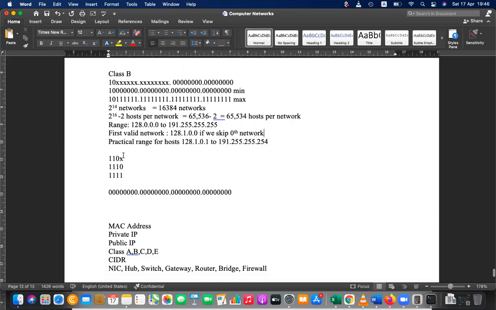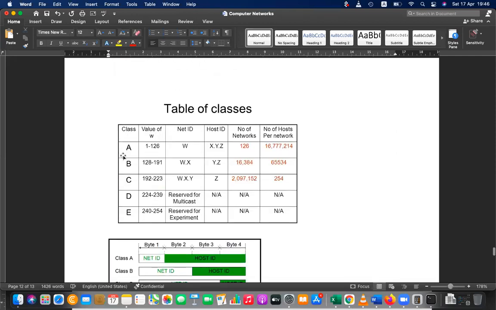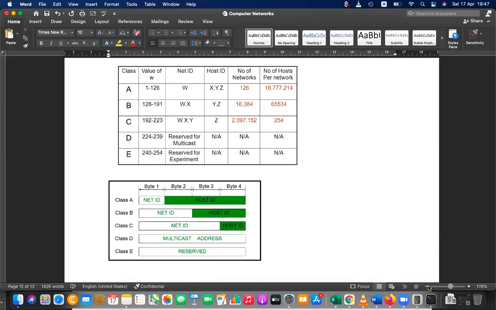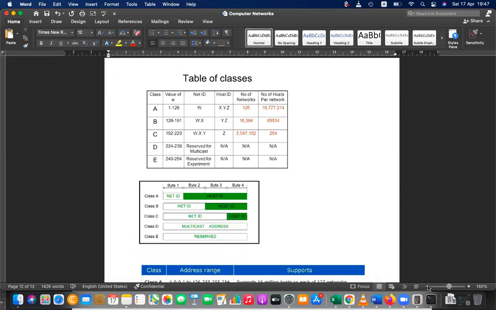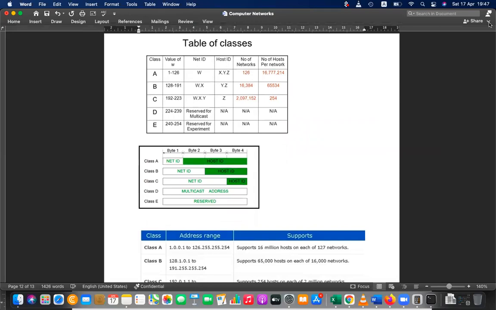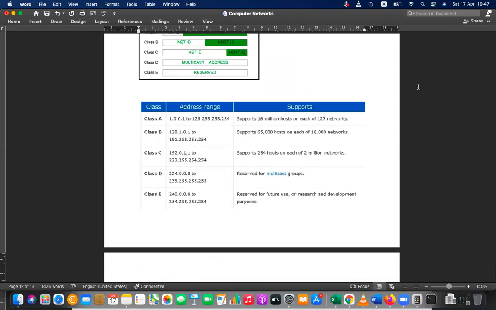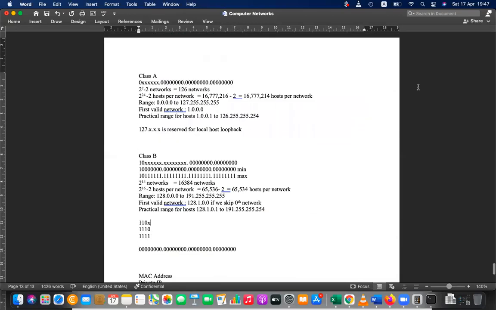Write the same for class C and D. Okay, take a screenshot of this quickly. After that, we'll discuss how to write C and D. Screenshot of this as well, and a screenshot of this.